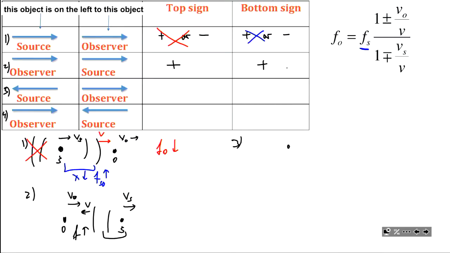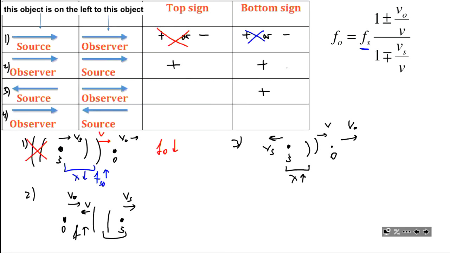So case number three. We have a source, we have an observer, and they travel away from each other. What fronts do we have to see? Those which reach the observer. So this is what we call behind the source. The wavelength expands, so for the source we should choose a plus.